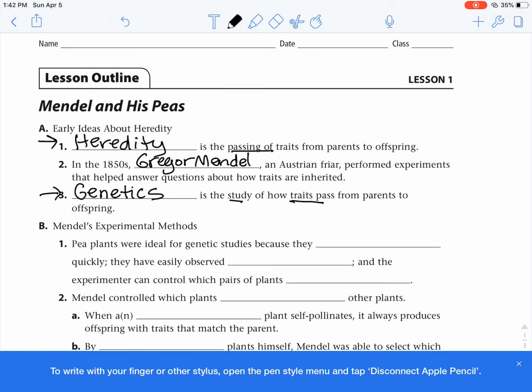All right, letter B, Mendel's experimental method. So pea plants were ideal for genetic studies because they do what quickly? They reproduce quickly. And they have easily observed traits. And the experimenter can control which pairs of plants reproduce.